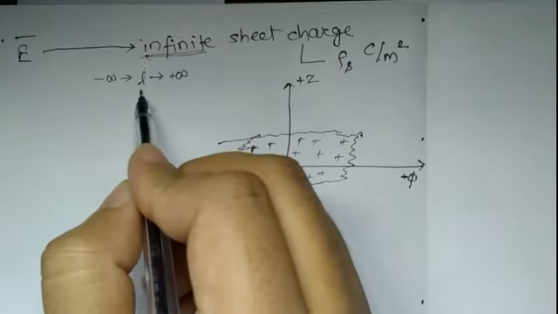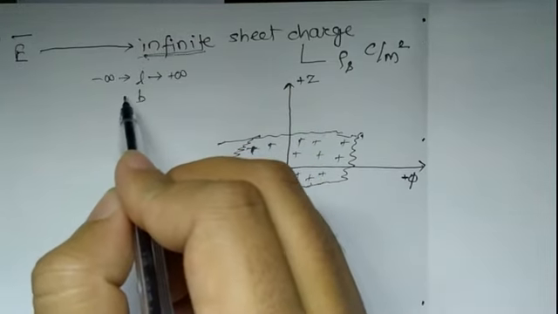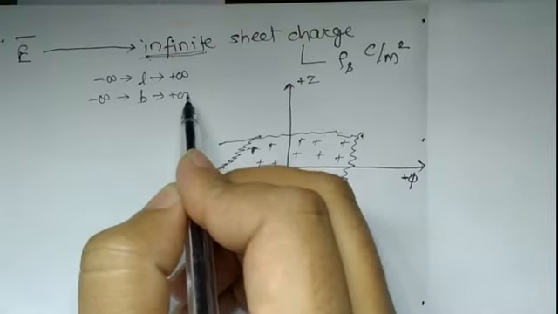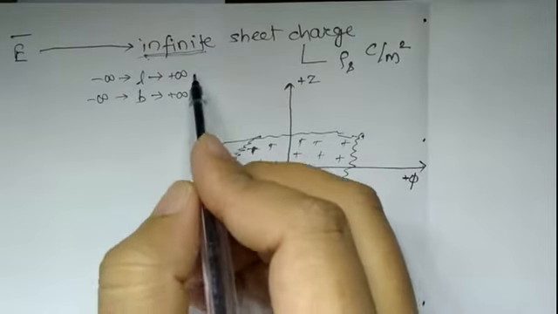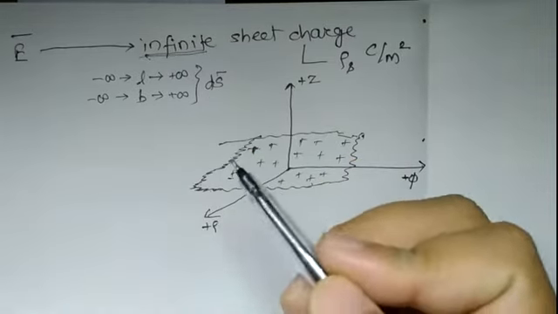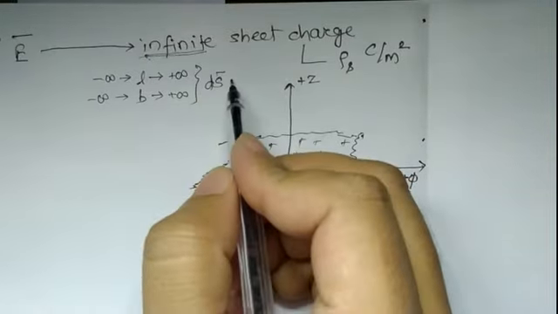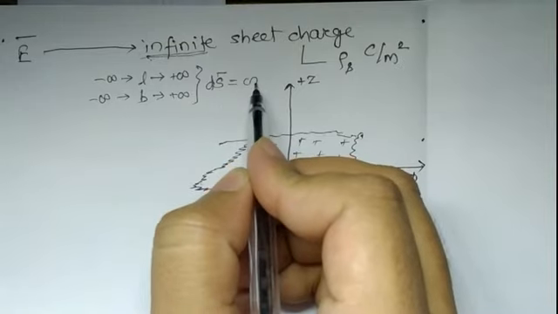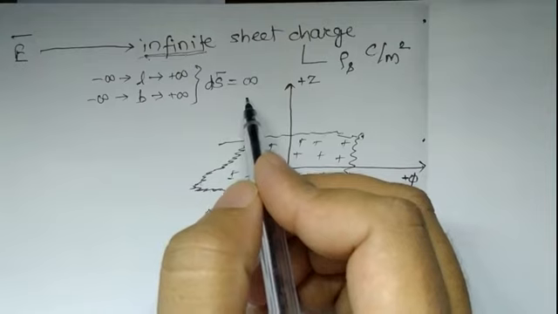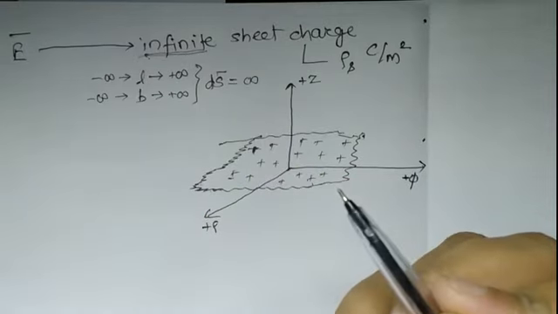At the same time, the breadth also approaches from minus infinity to plus infinity. And therefore we can say that ds bar, the differential area, will also approach infinity. I am considering this scenario.